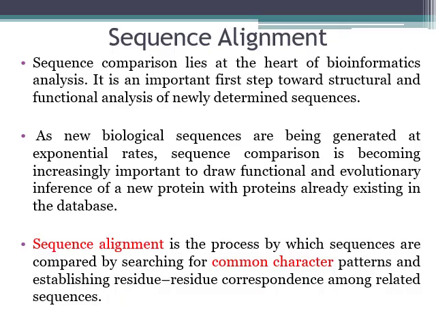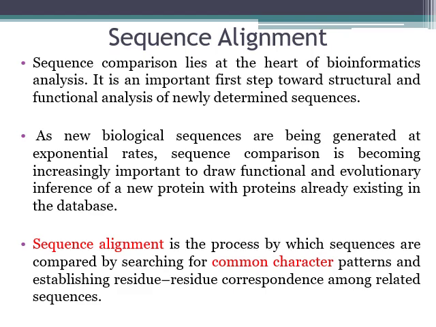This common character pattern can be found by establishing residue to residue correspondence. So you compare each residue of one sequence with another sequence, and then you establish whether those residues are matching or not.